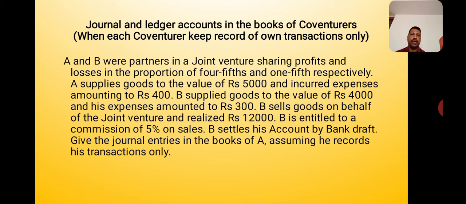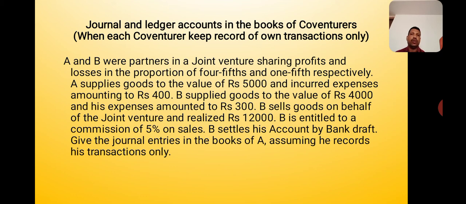So A supplied goods worth rupees 5,000 and incurred expenses of 400, total 5,400. Co-venturer B supplied goods to the joint venture worth rupees 4,000 and incurred joint venture expenses of rupees 300, total 4,300. And then B sells goods on behalf of the joint venture and realized rupees 12,000. Here sales proceeds are received by co-venturer B worth rupees 12,000.